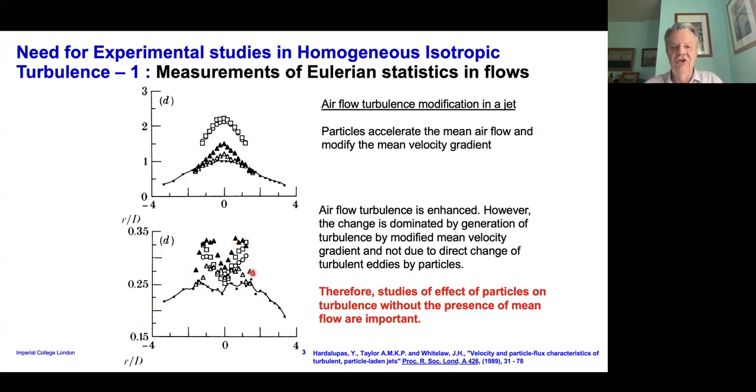Because you change the mean velocity profile, you have high levels of turbulence, and you don't know whether that could be because you have modified the turbulence structure. So ideally, you would like an experiment where you have no mean flow, but you have turbulence, and you see what happens to the flow and the particles.